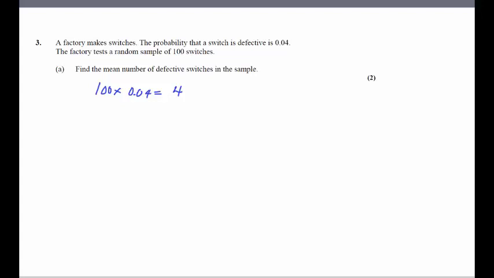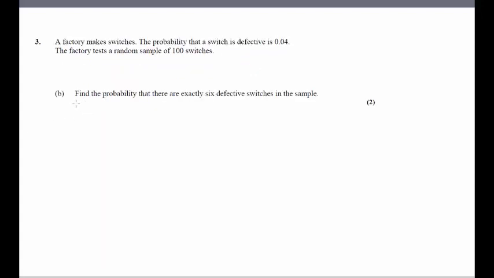And then part B, we're asking to find the probability that there are exactly 6 defective switches in the sample. And so we have probability X being that it's a defective switch, and we want to know what's the probability that there will be exactly 6 defective switches in the sample.